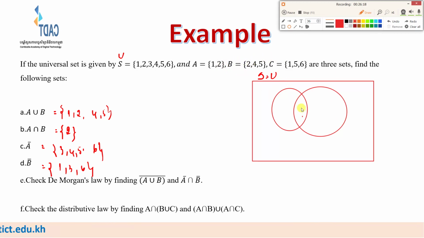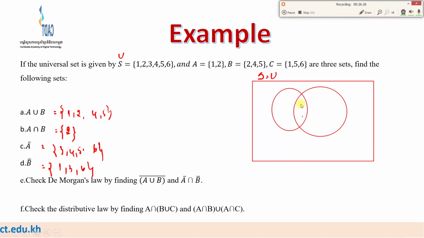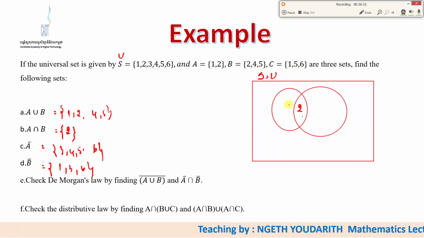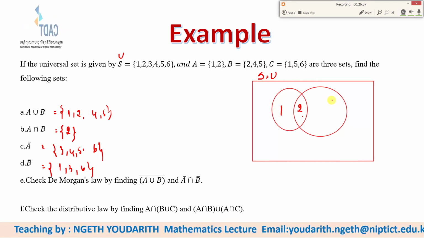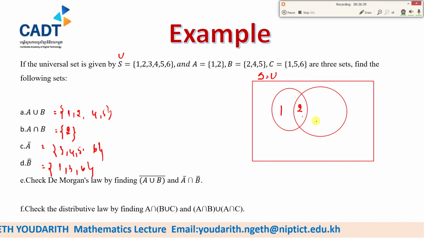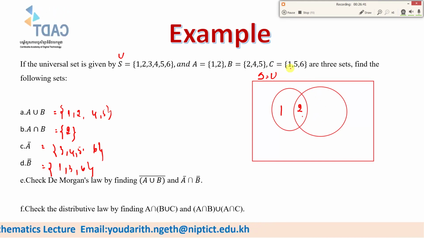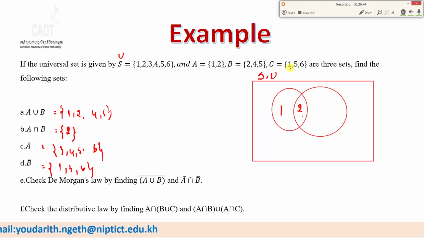B and A is 2. Just write 2. And 1 is 1. A and C is 1.